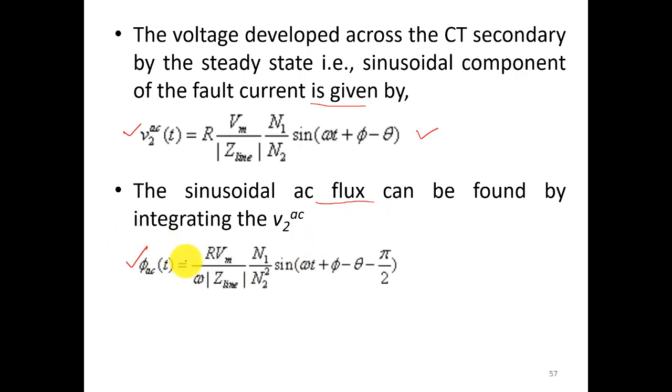Phi AC will be R Vm by omega Z line, N1 by N2 square, and sine of omega t plus phi minus theta minus pi by 2. So in the similar fashion as we obtained the DC flux because of the DC offset current, we can find the AC flux by considering the AC current, then the voltage across the secondary side, then the flux.